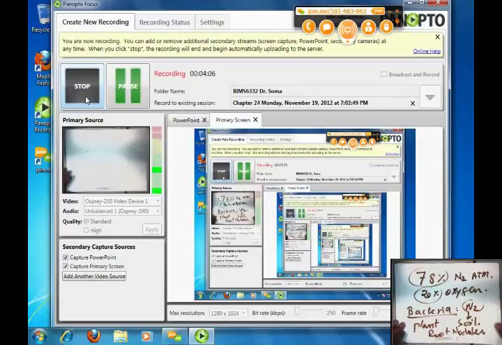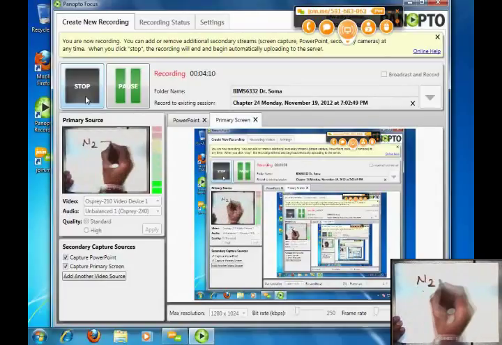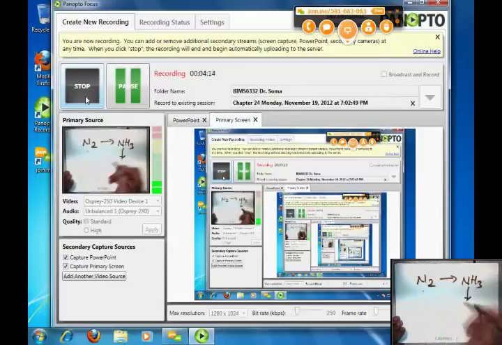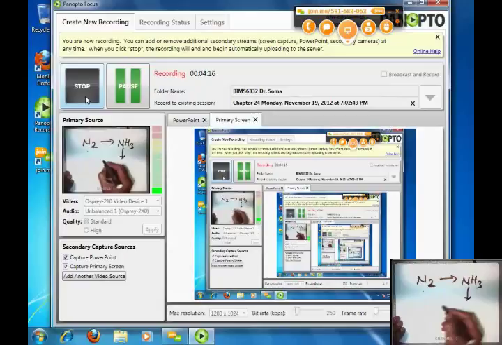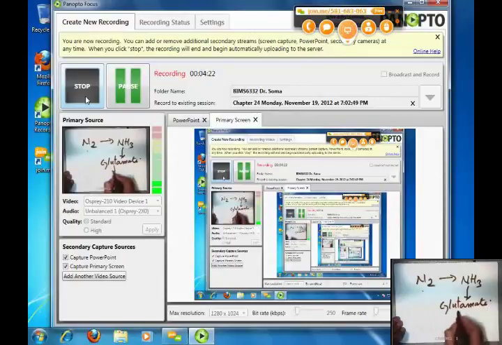They convert nitrogen to ammonia, NH3, and then the ammonia is converted to glutamic acid or glutamate, the first amino acid, and from glutamate other amino acids are produced.